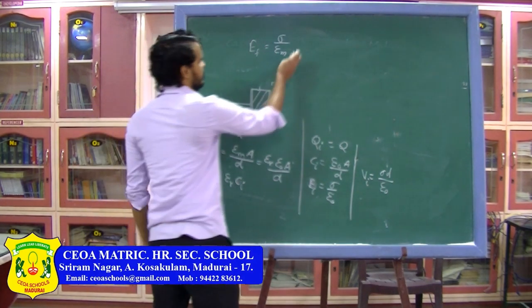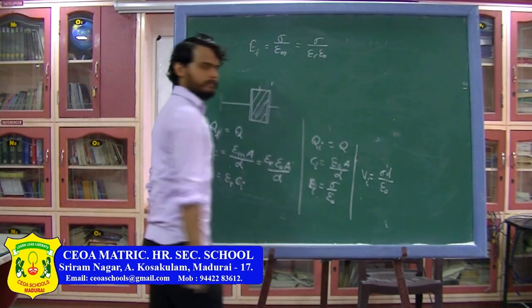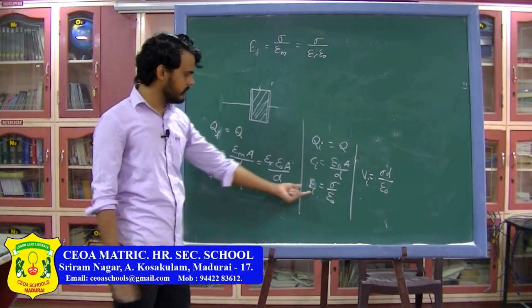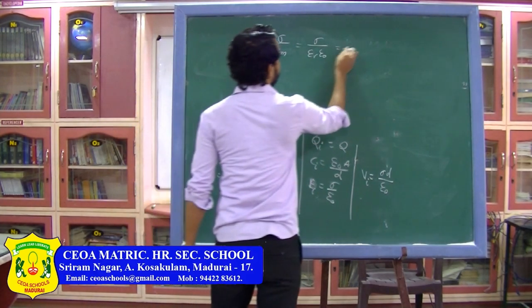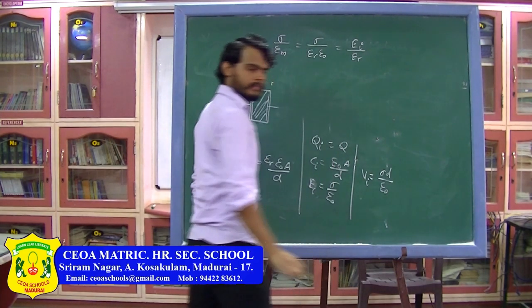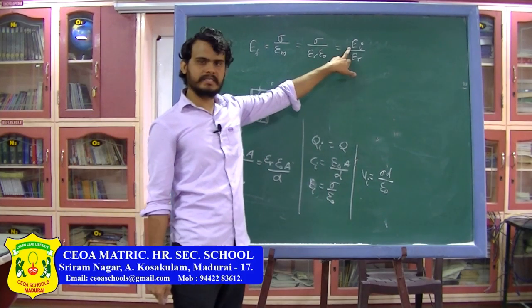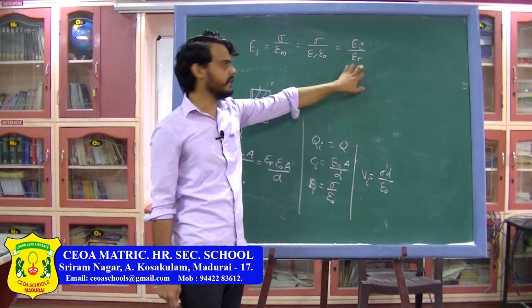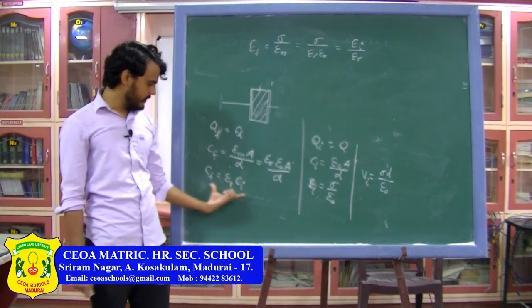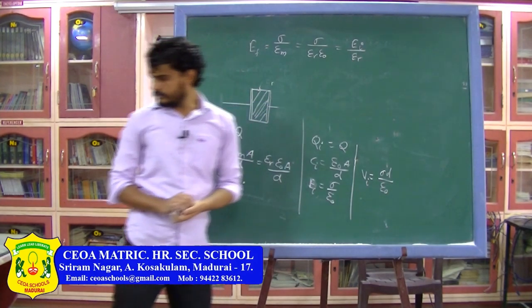So this can be written as sigma divided by epsilon r into epsilon naught. Now again sigma by epsilon naught is the initial electric field, so this can be written as E initial divided by epsilon r. This is the final electric field, this is the initial electric field divided by epsilon r, and epsilon r is greater than 1. So here electric field decreases. Final capacitance has increased but electric field has decreased.